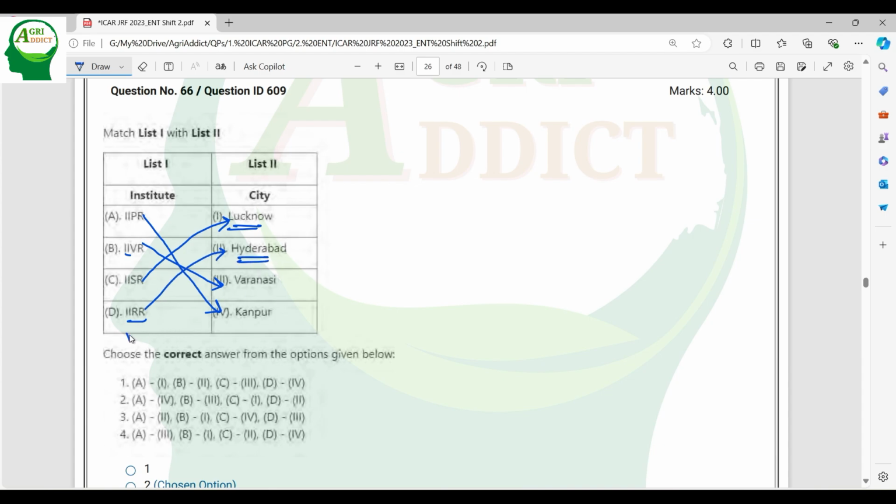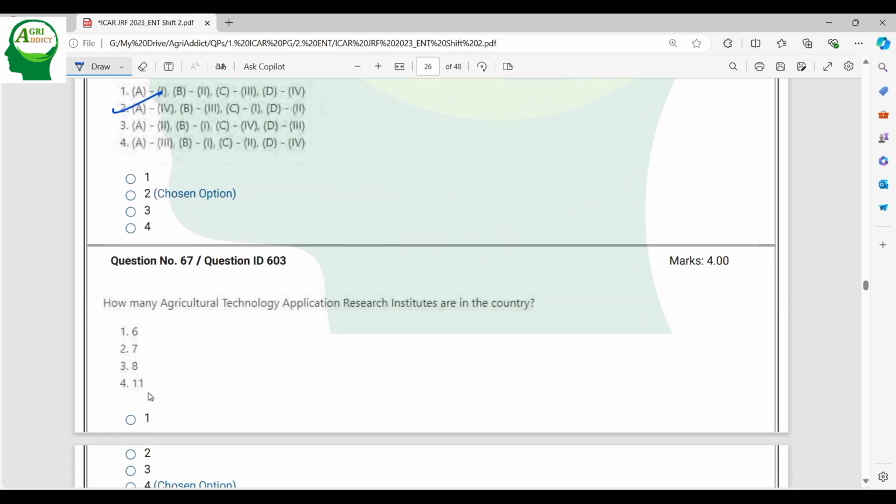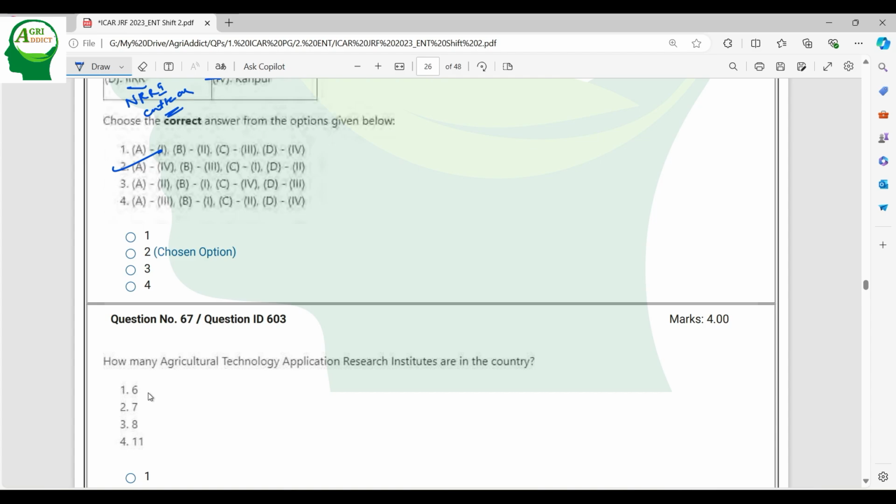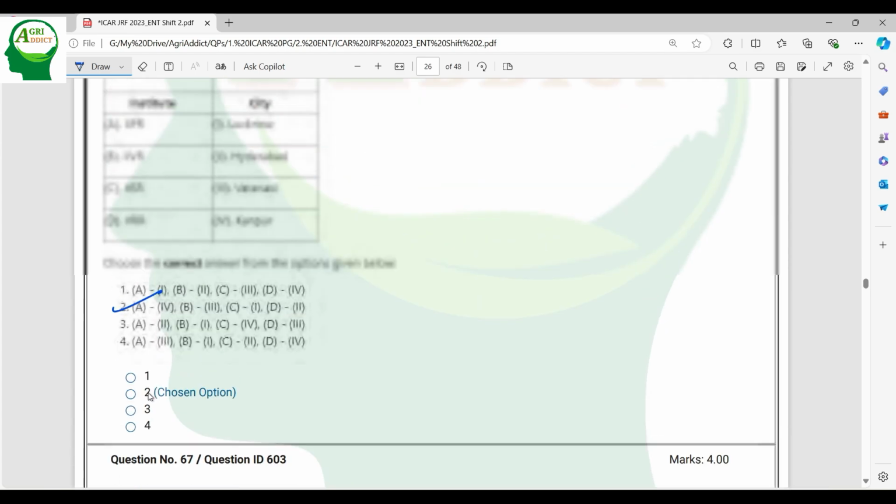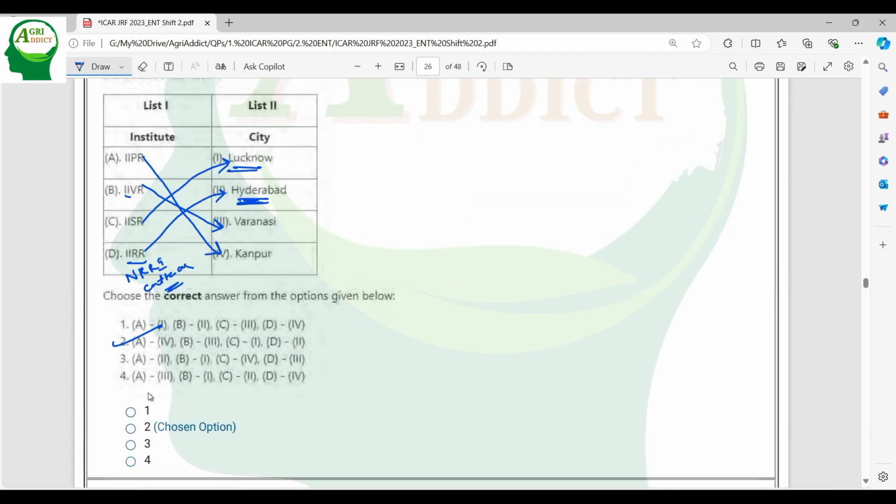Don't confuse it with NRRI Cuttack. The National Rice Research Institute is in Cuttack, but the Indian Institute of Rice Research is in Hyderabad, Telangana. Option 2 is correct, that is A4, B3, C1 and D2.